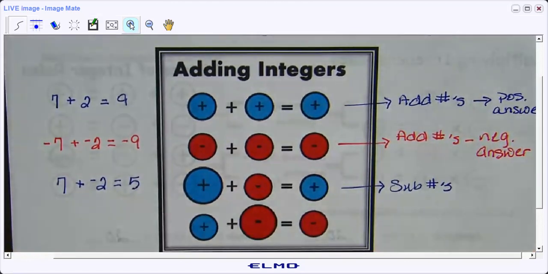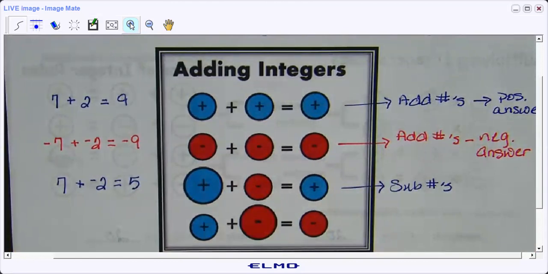And now I have to figure out the sign of my answer. Does anyone know how to tell the sign of your answer? Anyone want to volunteer? I don't have a lot of talkers up here. In this problem, how do you know if your 5 here is going to be positive or negative? Okay, Lily.